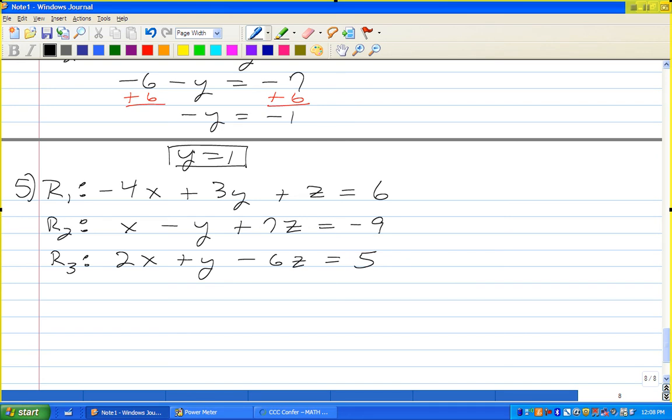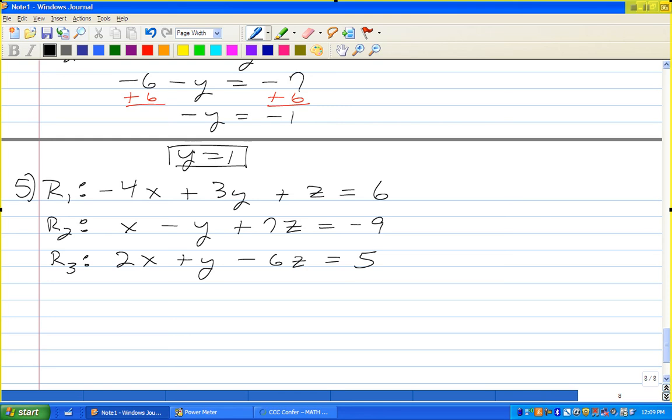Negative 4x plus 3y plus z equals 6. 1x minus 1y plus 7z equals negative 9. 2x plus 1y minus 6z equals 5. That's negative 9 and 5.